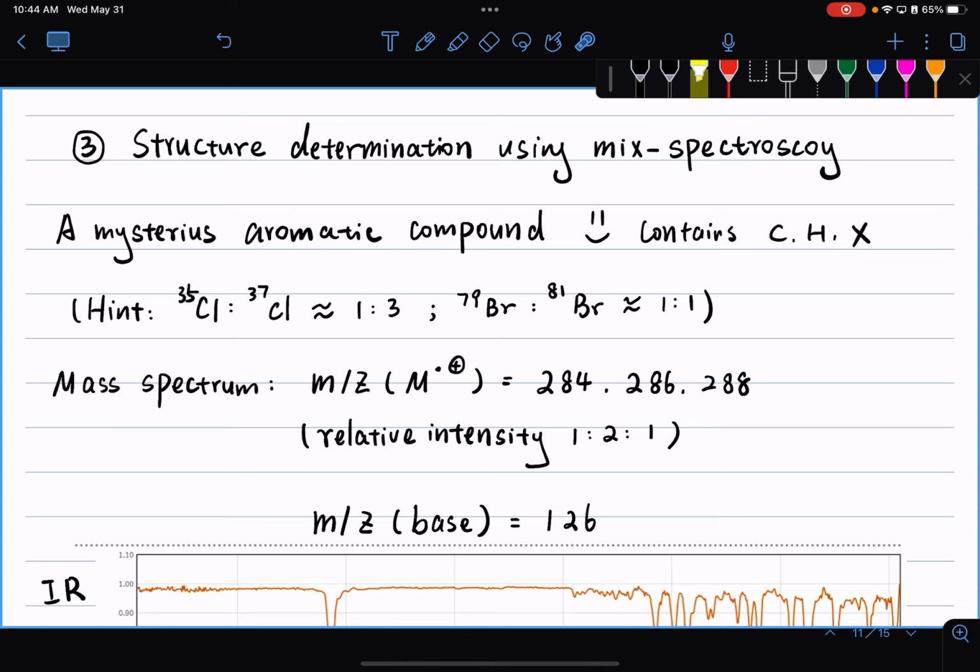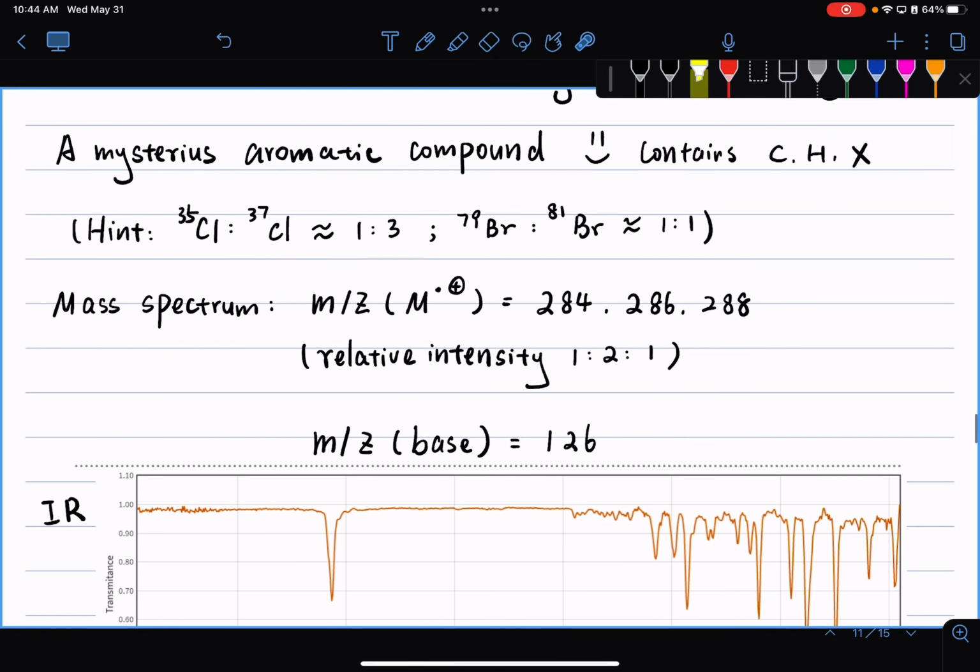Now, when we're talking about structure determination using mixed spectroscopy, typically we'll give you information from the mass spectrum. I might just list it, or I might give you the diagram. In the mass spectrum, what we get is information about molecular mass.